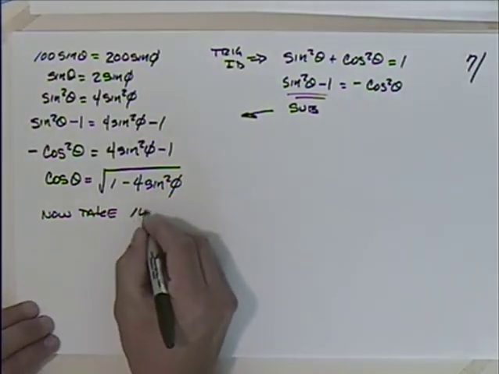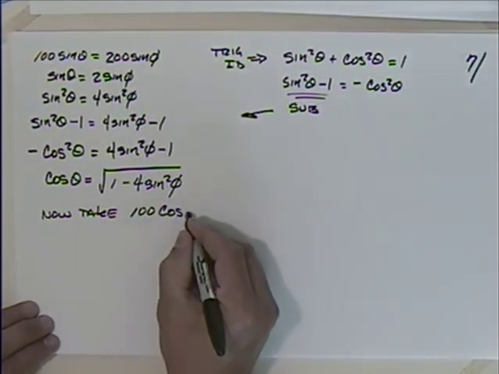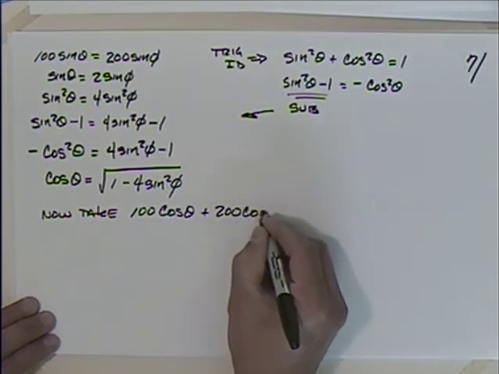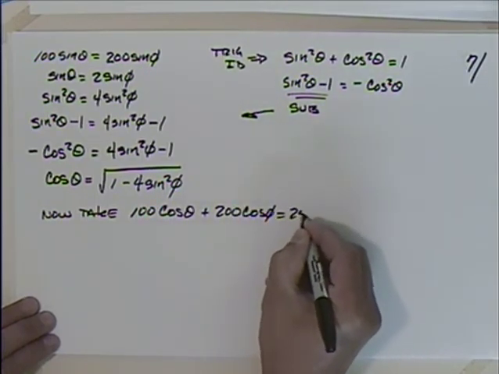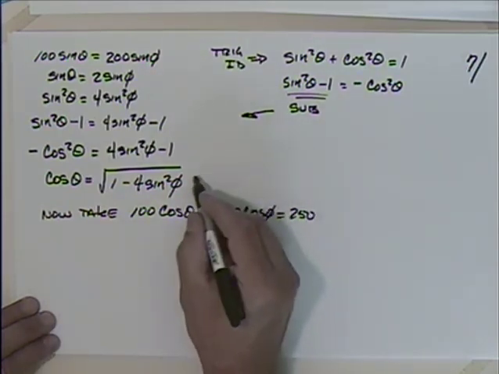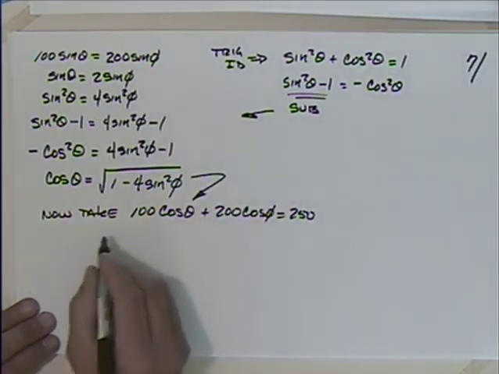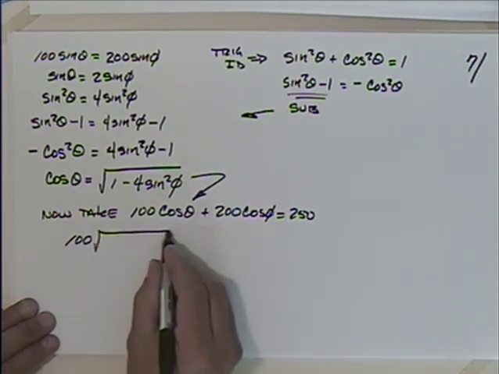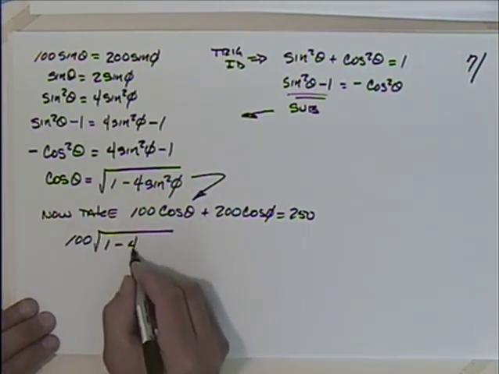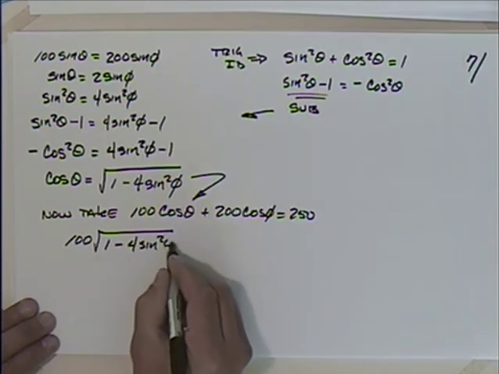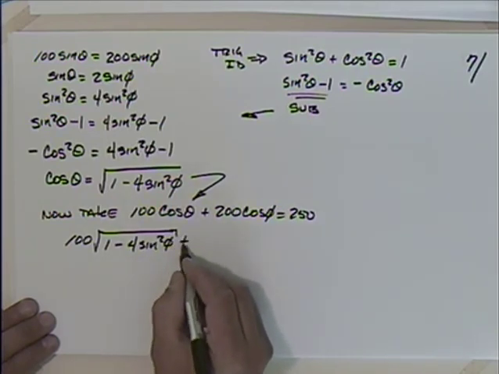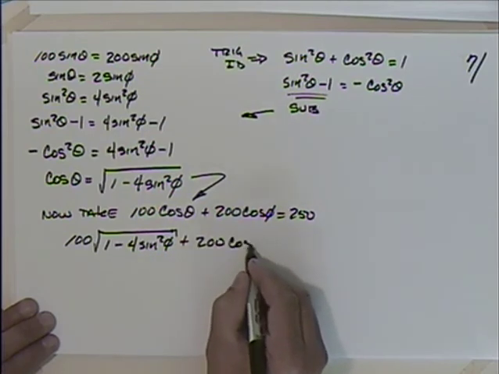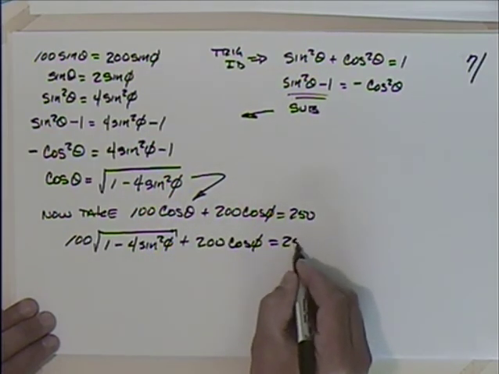We've got 100 cosine theta plus 200 cosine phi is equal to 250. And I'm going to substitute that into there, so I get 100 times the square root of 1 minus 4 sine squared phi plus 200 cosine phi is equal to 250.